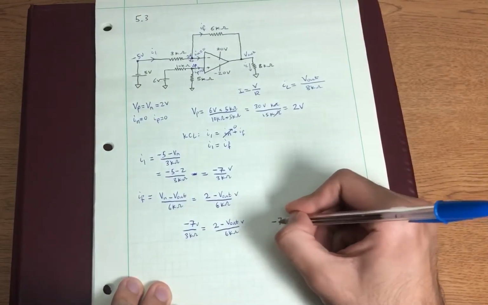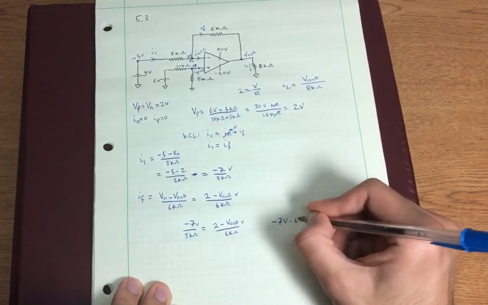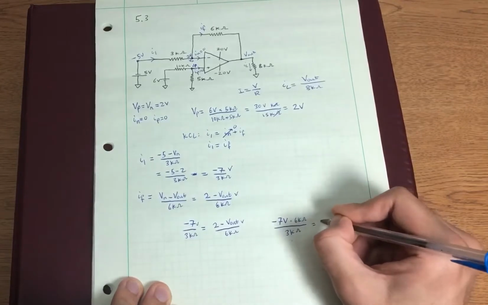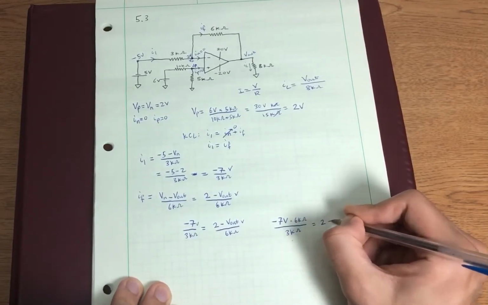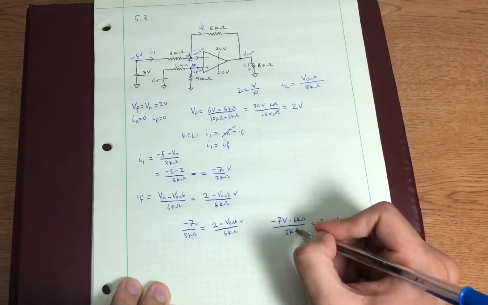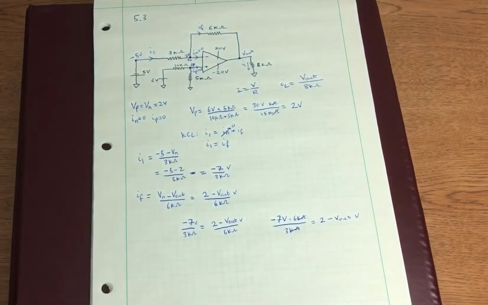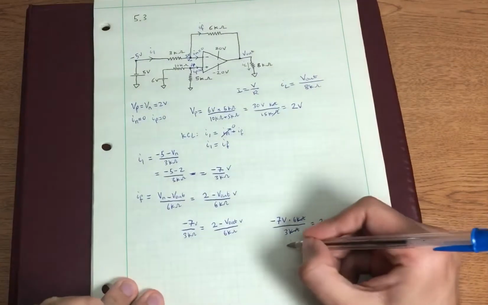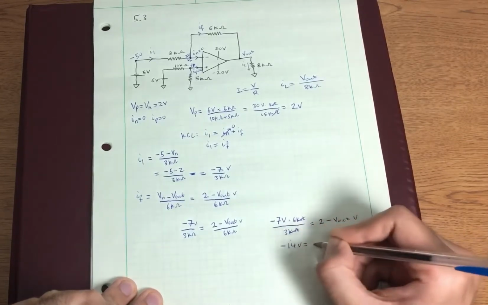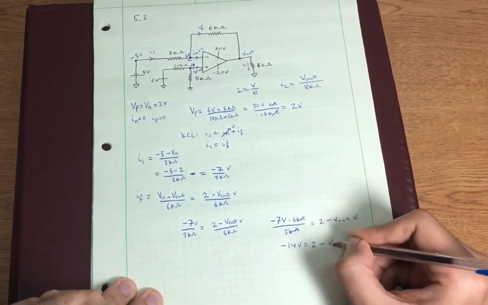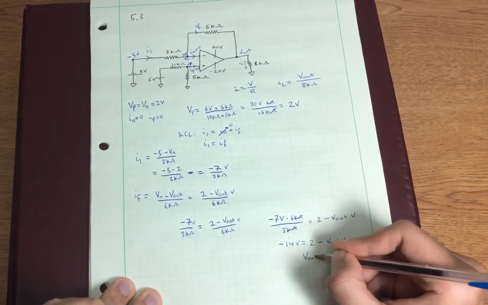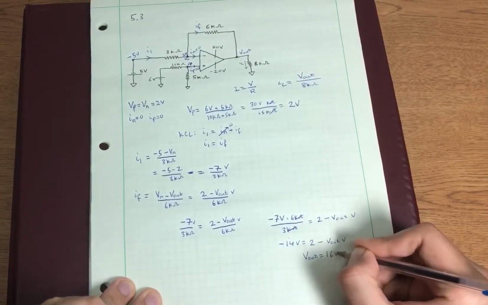So we have negative 7 volts times 6 kilo ohms over 3 kilo ohms is equal to 2 minus V out volts. Now kilo ohms and kilo ohms will cancel out, and we're left with negative 14 volts is equal to 2 minus V out volts. And solving for V out, we get V out is equal to 16 volts.